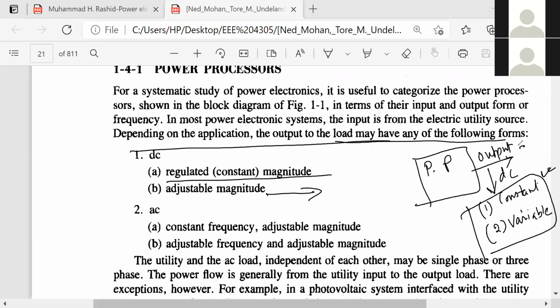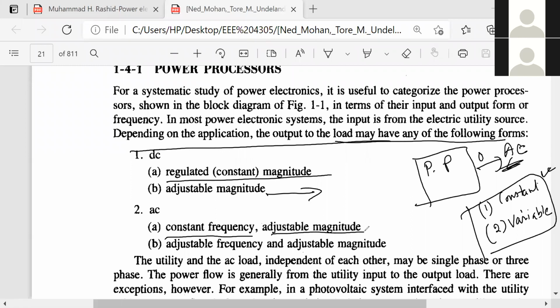This one could be AC. If the output is AC, that output could be constant frequency or variable magnitude.